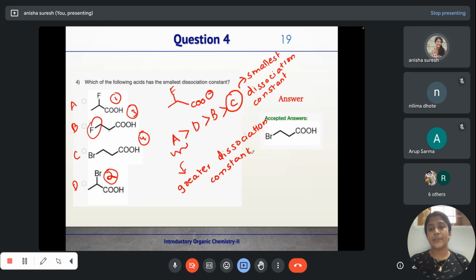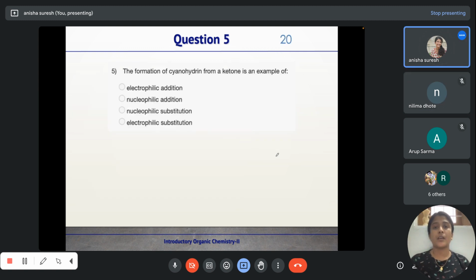So the correct answer will be option C. Now coming to question number 5, the formation of cyanohydrin from a ketone is an example of. So we have a ketone, R double bond O R. It is reacted with a nucleophile, CN minus.